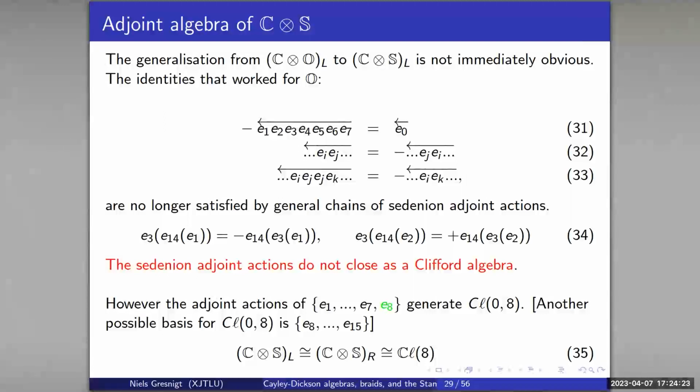So I suspect you get a new identity, but for the other ones, I haven't been able to narrow down exactly which chains of actions could be shortened. So for example, in your work, you basically say, because of this identity, you only have to look at chains that are at most 3 in length. Exactly.